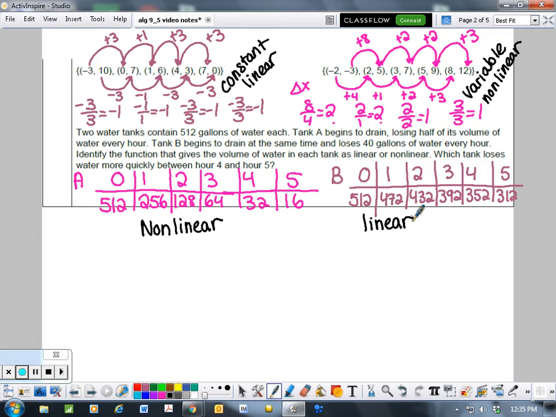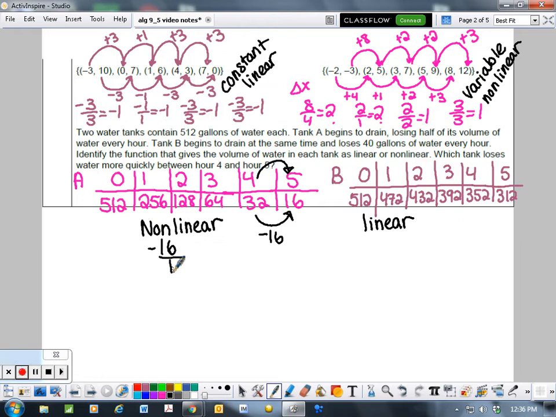Now read the question again. Identify the function that gives the volume of water in each tank as linear or nonlinear. Which tank loses more water more quickly between hour 4 and 5? So they're asking us, what is the rate of change between hours 4 and 5? So here we lost 16 for 1 hour.